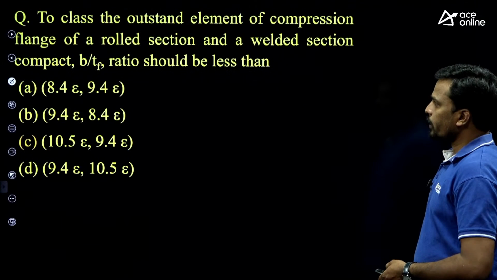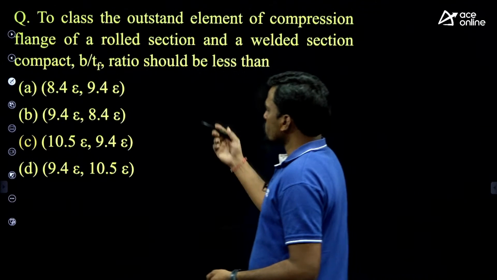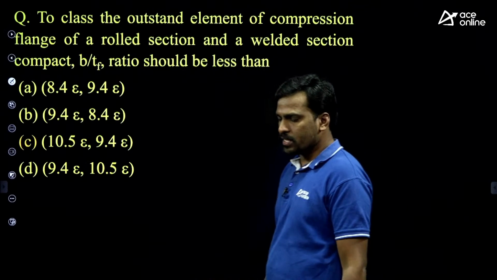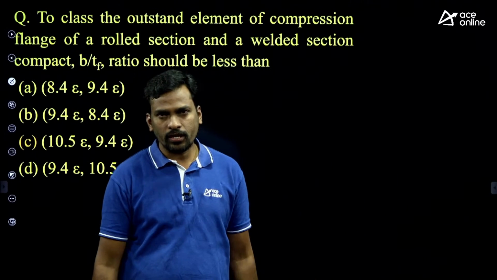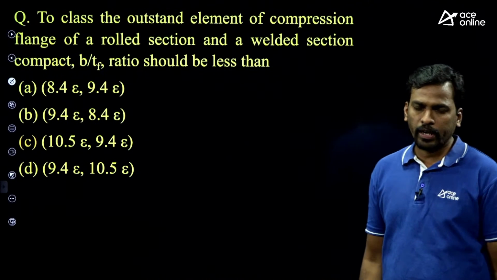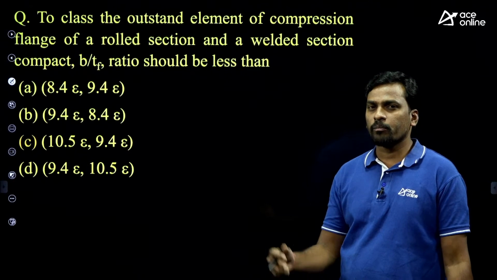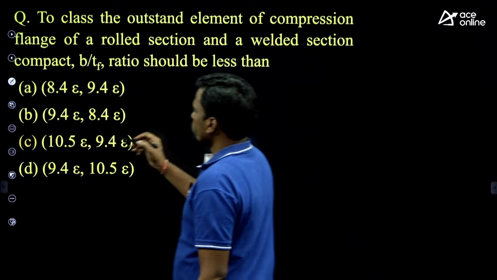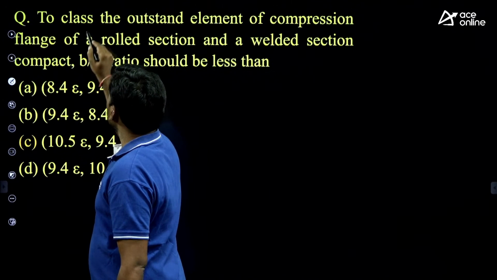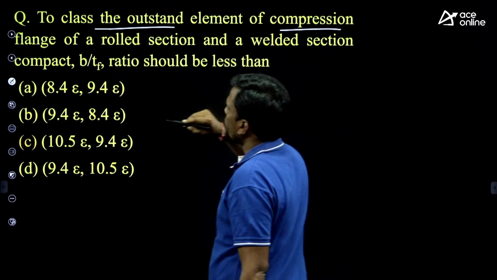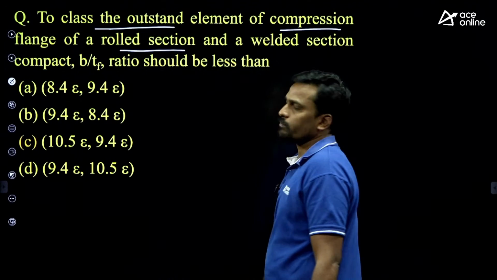Right. The next question is from the beam chapter. In the beam chapter I gave plastic section, compact section, semi-compact section, and slender section, and these definitions I explained in the plastic theory chapter. To classify the outstand element of the compression flange of a rolled section.